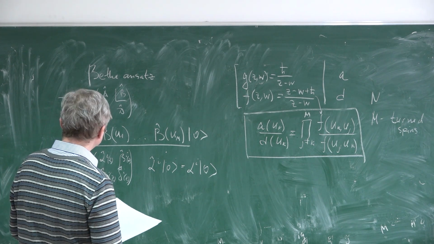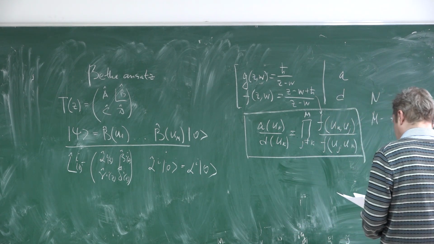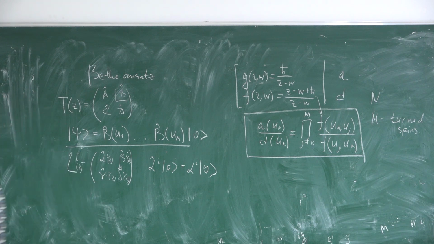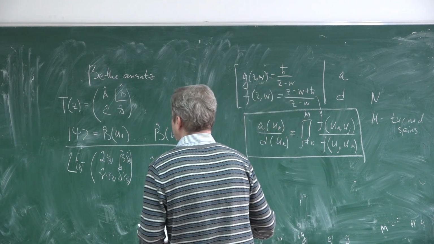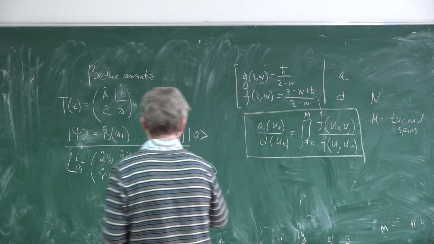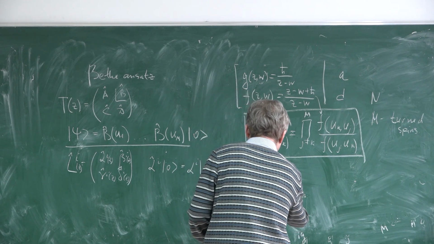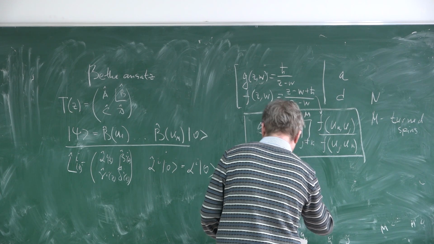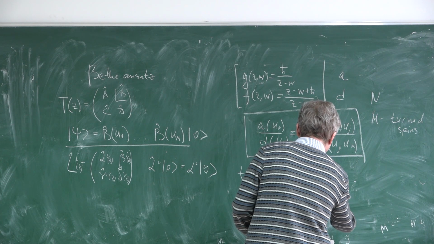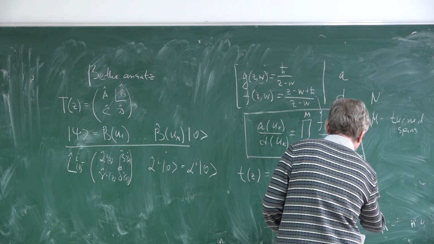So we finally found that the generating function for eigenvalue, the eigenvalue depending on t of z, was given by a formula which looks like a by lambda plus d by lambda tilde.